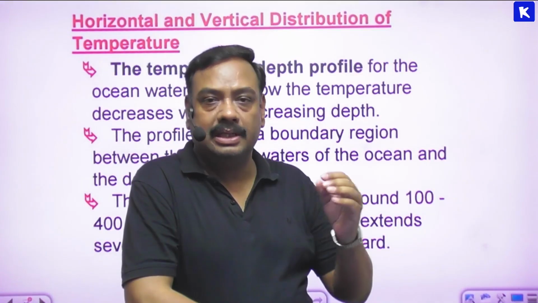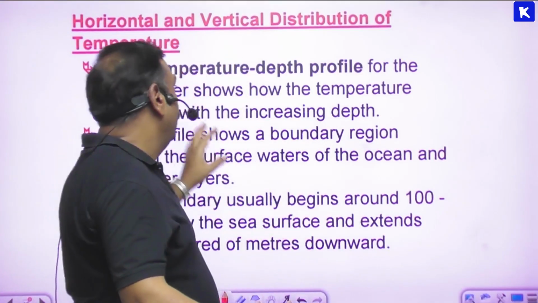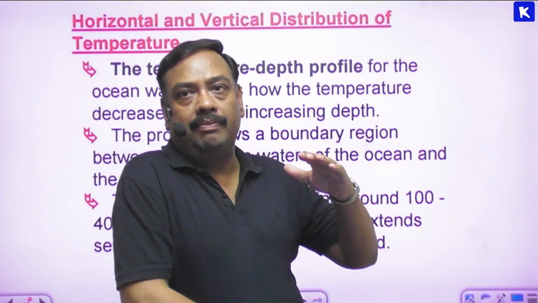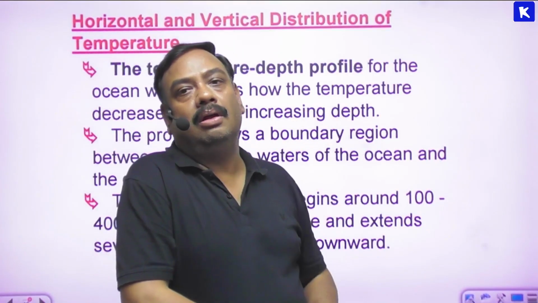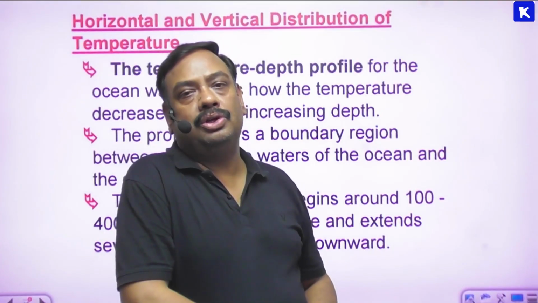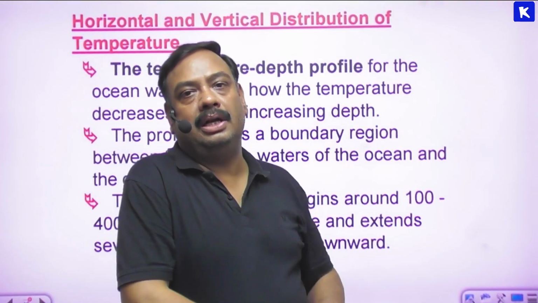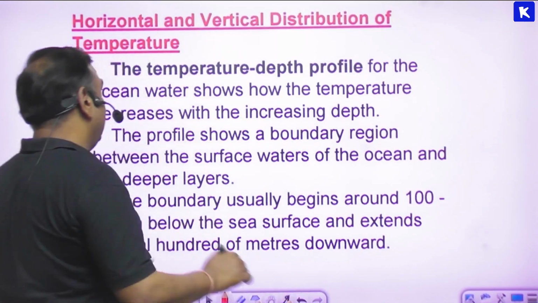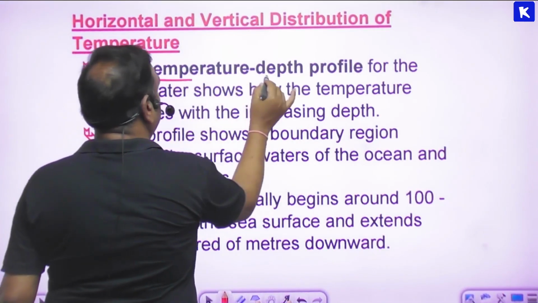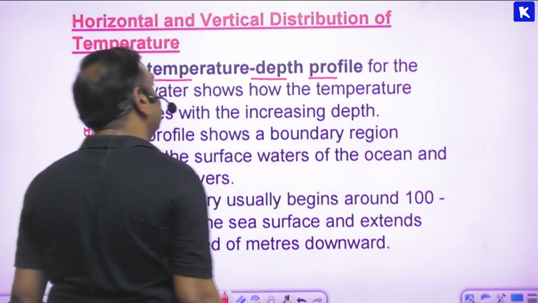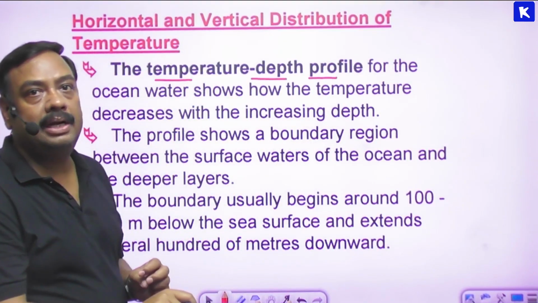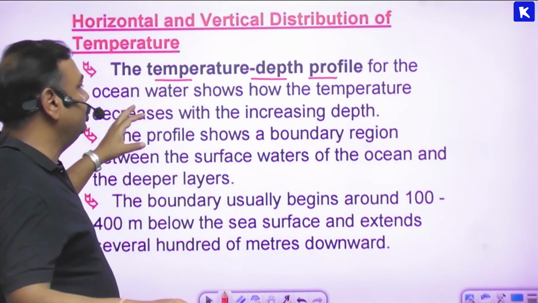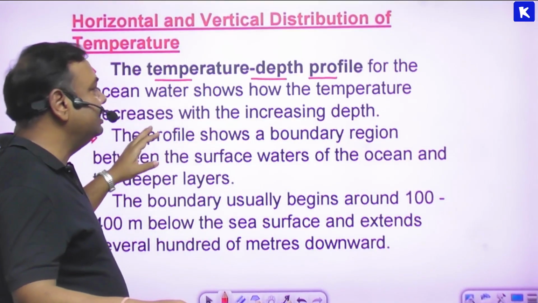You can observe a proper gradation of the ocean water in terms of distribution of temperature, right? And that distribution is also known as the temperature depth profile. So what is written here? The temperature depth profile for the ocean water shows how temperature decreases with the increasing depth.